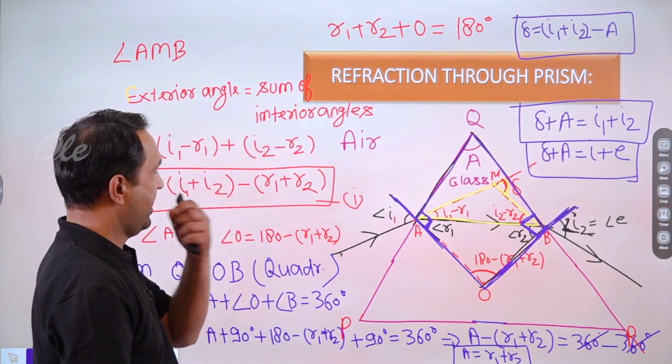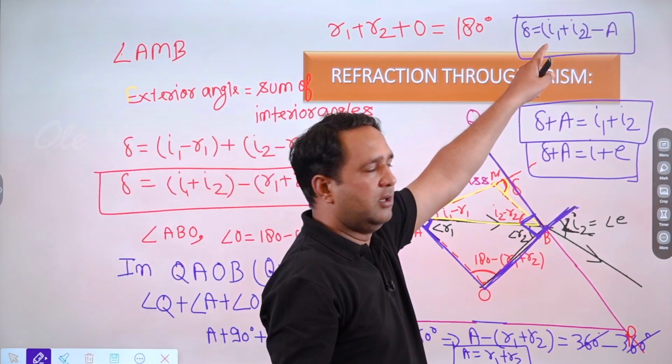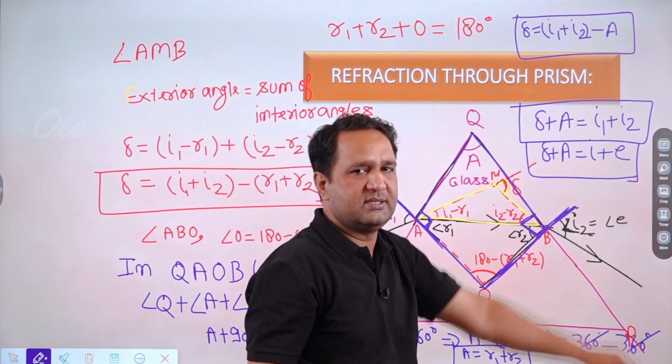So this is the angle of deviation, del is equal to I1 plus I2 minus A.